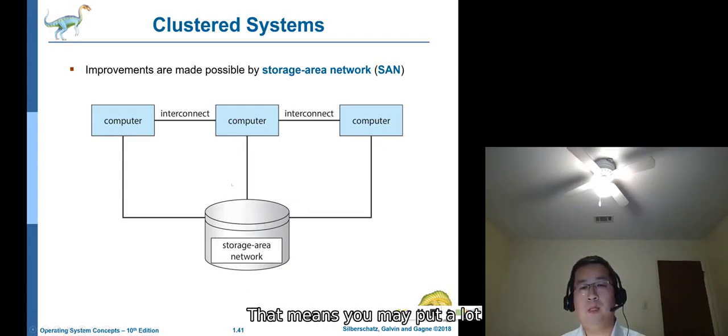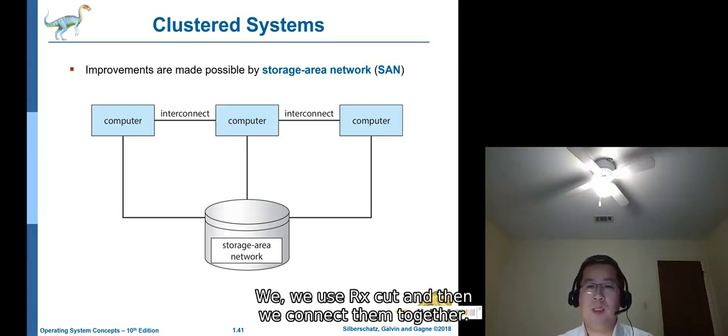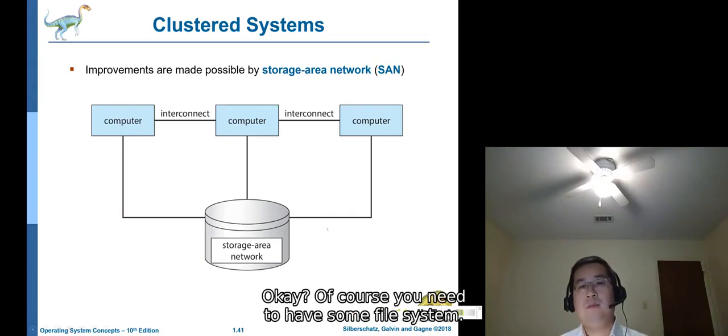That means you may put a lot of different disks together, connected together. We use racks, and then we connect them together, and then we can access these shared resources, shared disks. Of course, you need to have some file system.